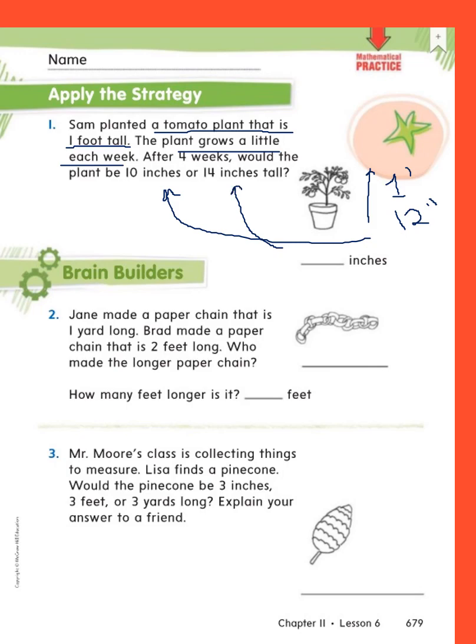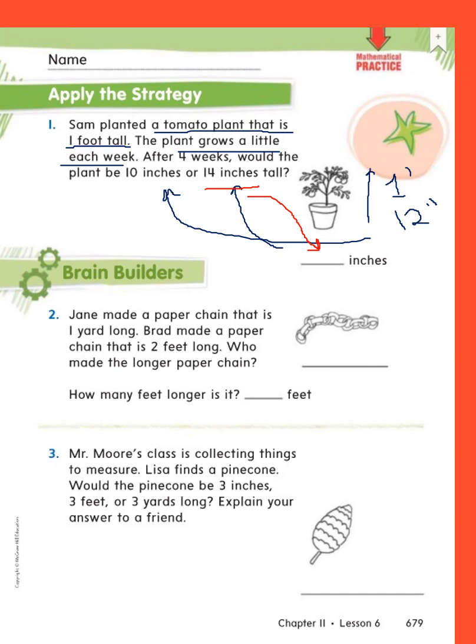And now, remember, we're trying to think about what makes sense. Would it make sense for it to be 10 inches tall? That would mean that it got shorter, and that doesn't make any sense. So the only reasonable answer is this. And of course, we have to remember to put it on the line.